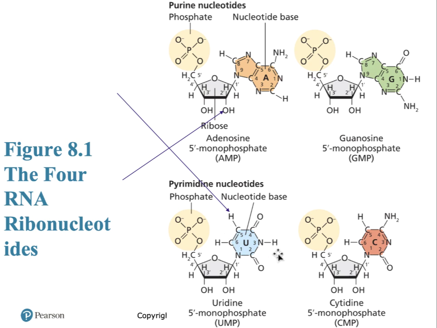You can see this is uracil, and in uracil we have certain differences from thymine. If you compare this to DNA structure, you'll find that in thymine there's a CH3 here rather than just a hydrogen. And that makes this base very similar to thymine in that it can base pair with adenine.